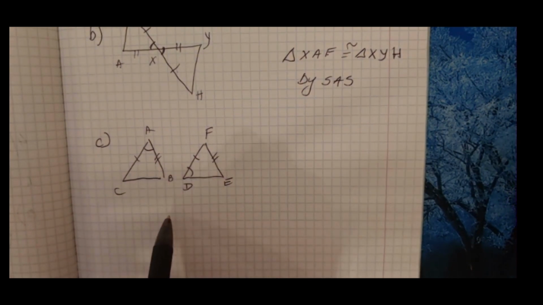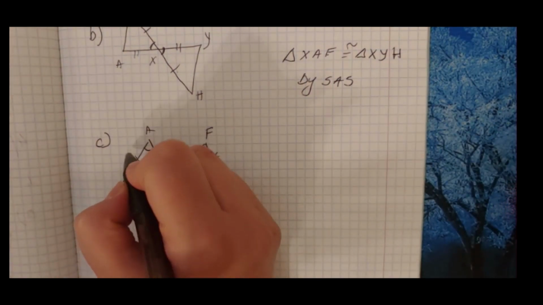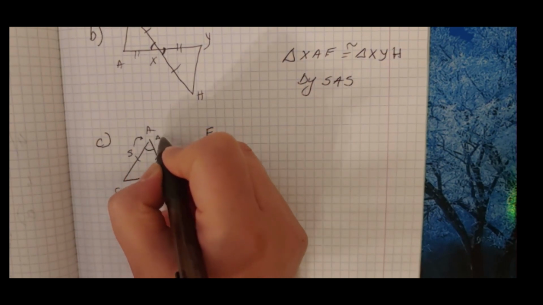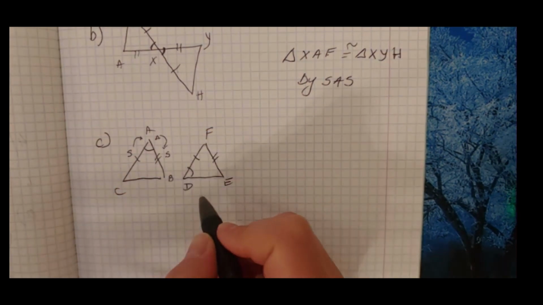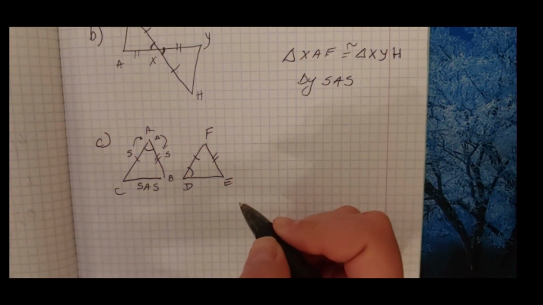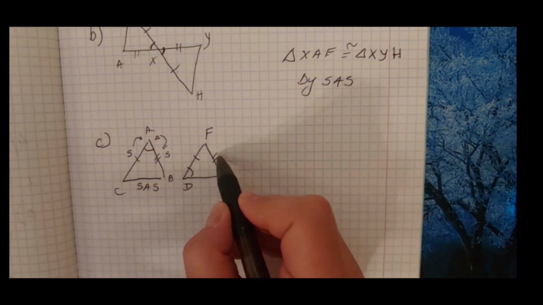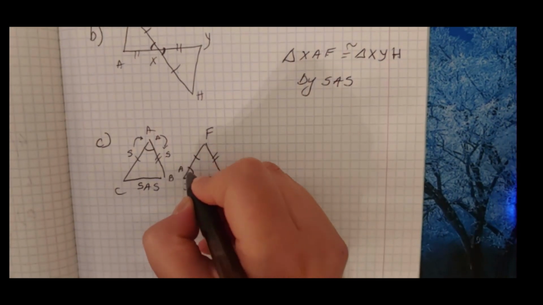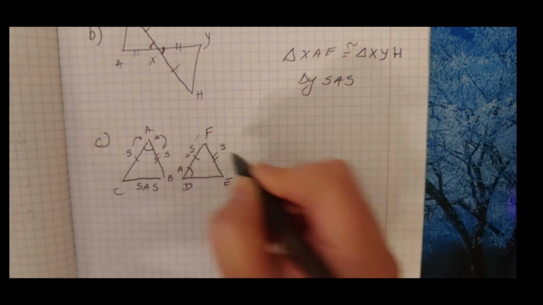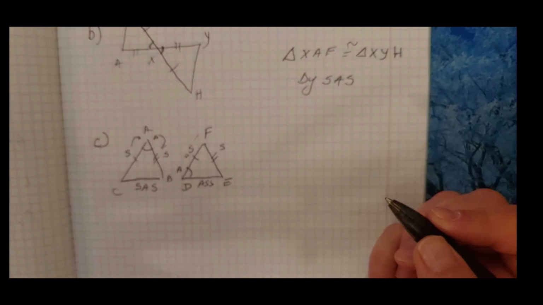So it looks like it's side, angle, side for this, side, angle, side. But I need to verify. There is a side marked, angle marked, and a side. So that's side, angle, side. So it's kind of working now, but I need to verify the same information here. If I go this way, I would have angle, and the next thing given is the side, and the next thing given is the side. So that's angle, side, side.